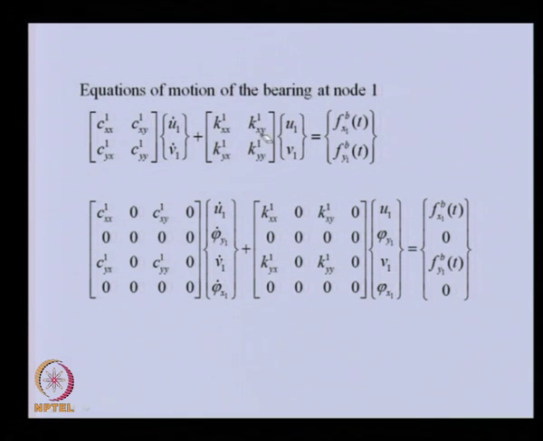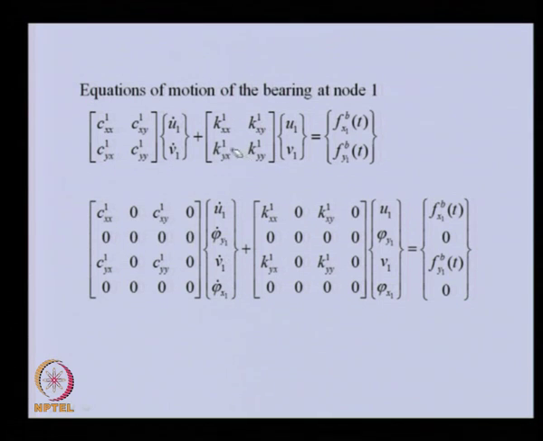Now, this we can expand like this, because this is at node 1. Bearings we are defining in terms of the linear displacements only. So, we are not considering the stiffness and damping because of the tilting of the disc or tilting of the shaft, only the linear motion we generally consider. So, if we introduce the tilting also, corresponding terms will be 0.